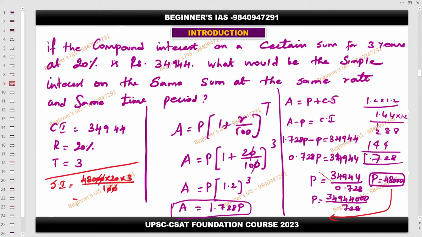Then 6 times 48 is 288. So this is the final answer, 288. Clear? Anybody having a doubt? No, right?